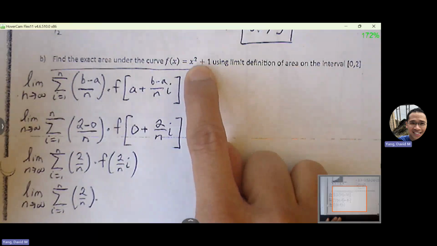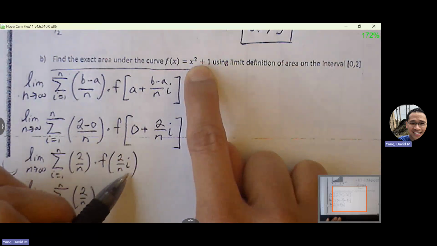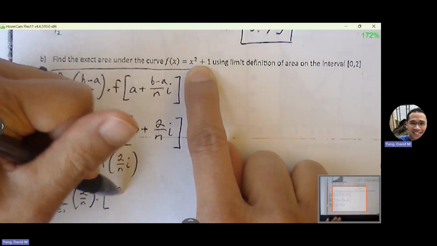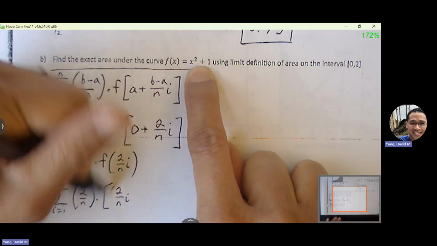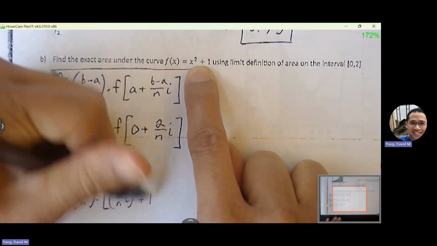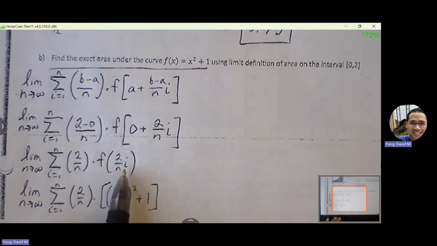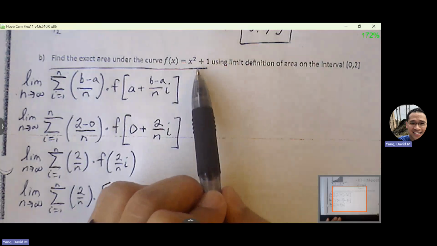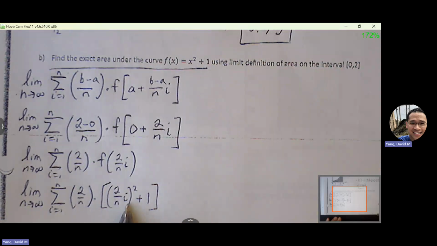My x is going to be 2 over n i. So I'm going to say 2 over n i, squared, plus 1. Now I've entered the argument into the function, and this is going to tell us exactly the height at every point.